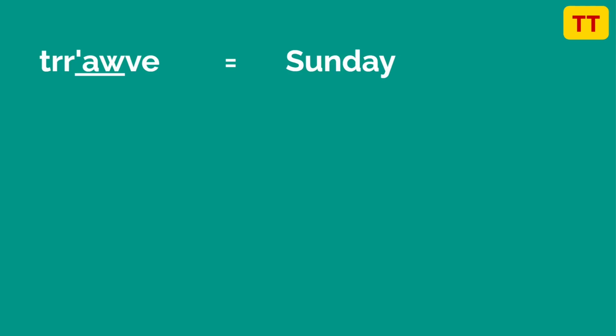Tr'auve, the first day is Sunday. For everyone who's not in the US, Paul Frommer, who made up this scheme, so who creates the Na'vi language, he's from the US, and apparently in the US Sunday is considered the first day. Very weird for me as a European, but yeah. Tr'auve, the first day, is the Sunday.